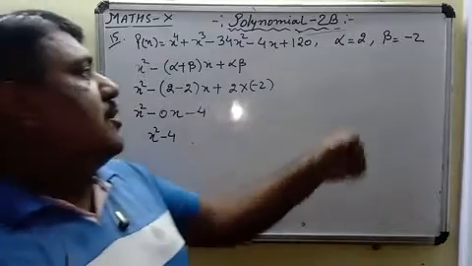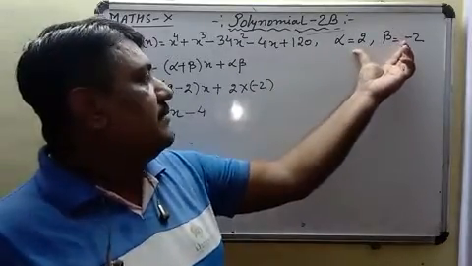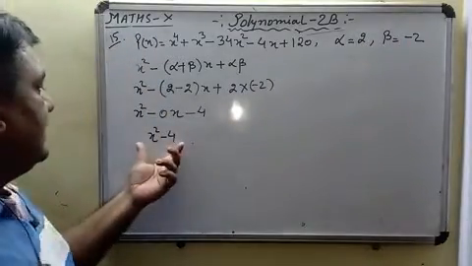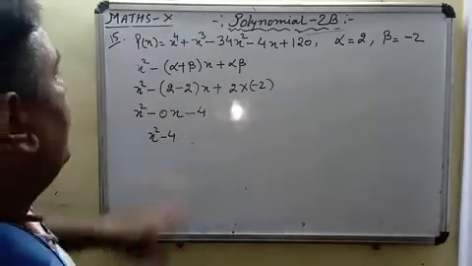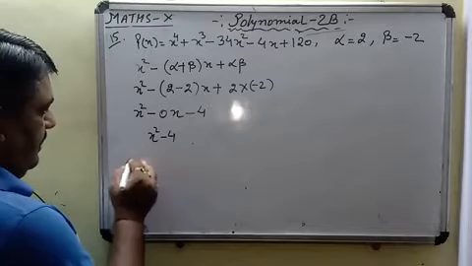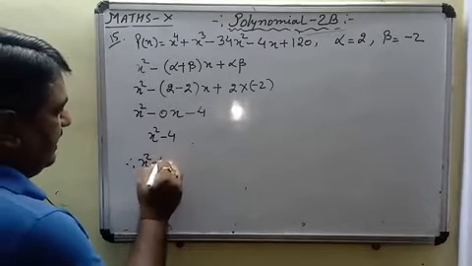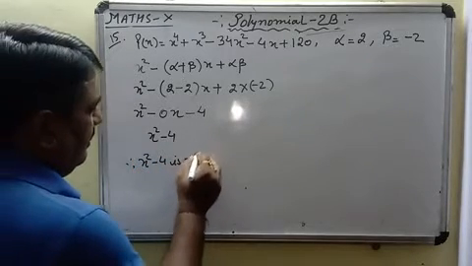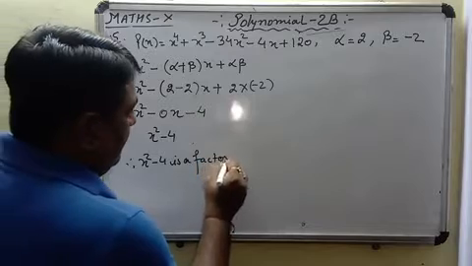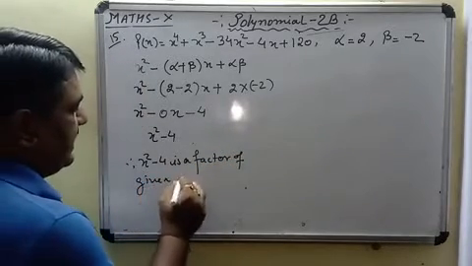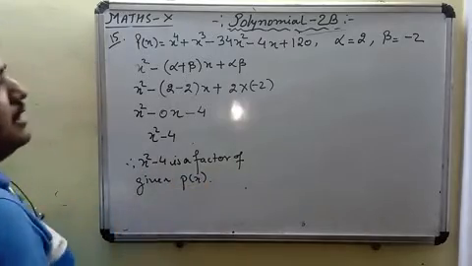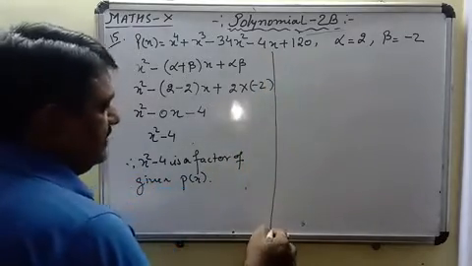Now we have formed a quadratic polynomial with the help of these two zeros, and we will say that this quadratic polynomial is a factor of this polynomial. Therefore x square minus 4 is a factor of given px. Now we are going to apply the long division method.